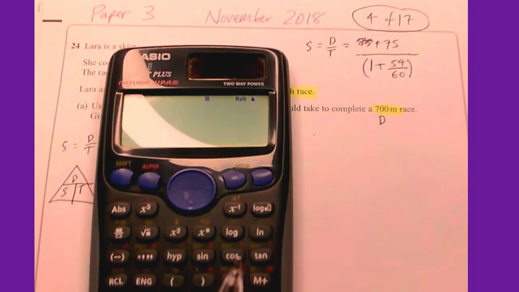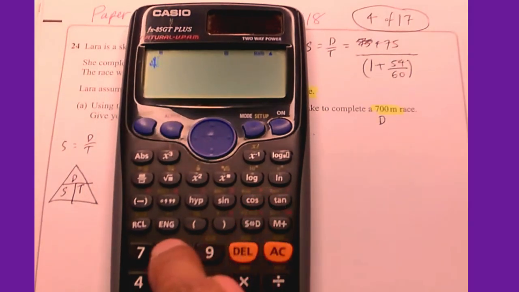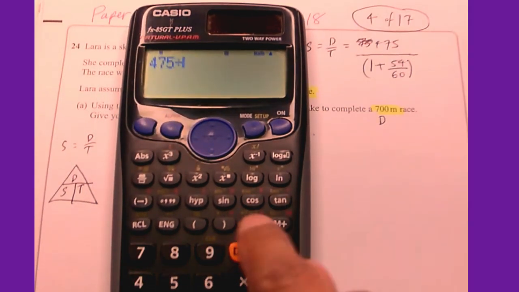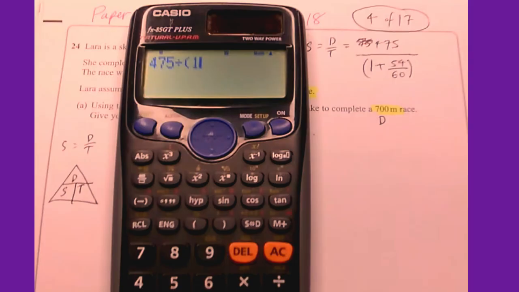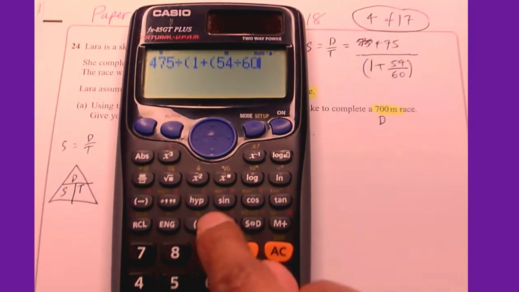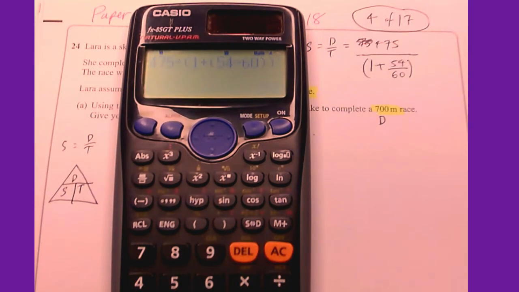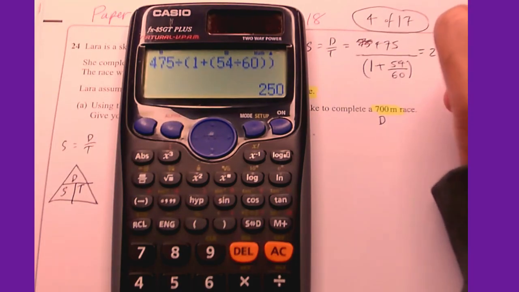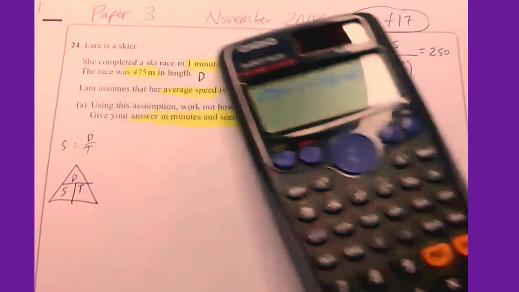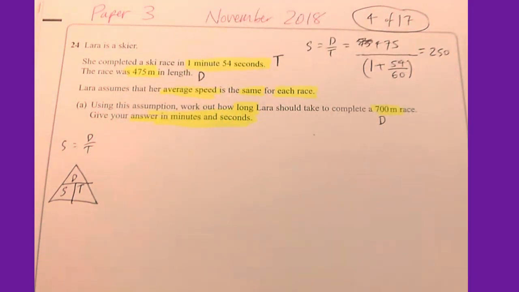And so I'm going to do 475 divided by bracket 1 plus bracket 54 divided by 60, close bracket. That gives me my answer, which is 250. Okay, so that's my speed, 250.